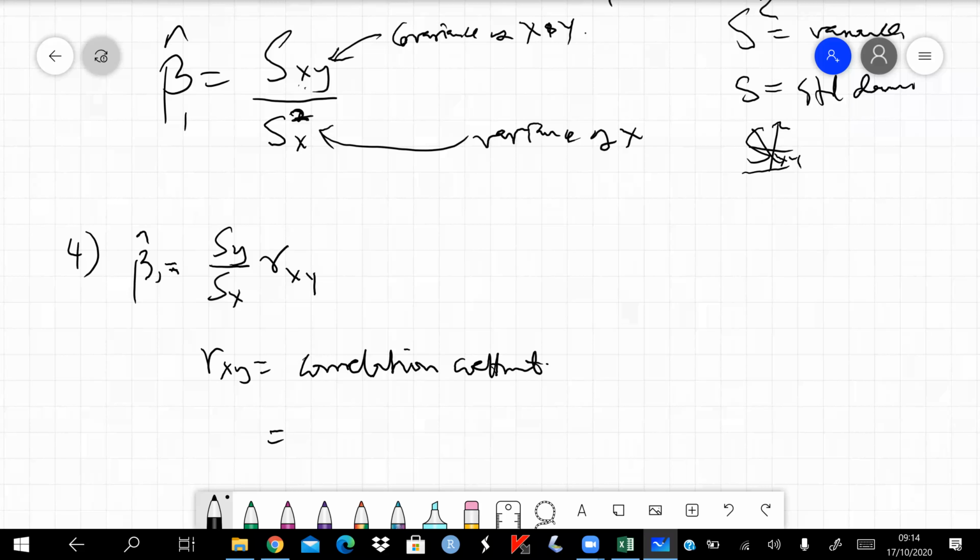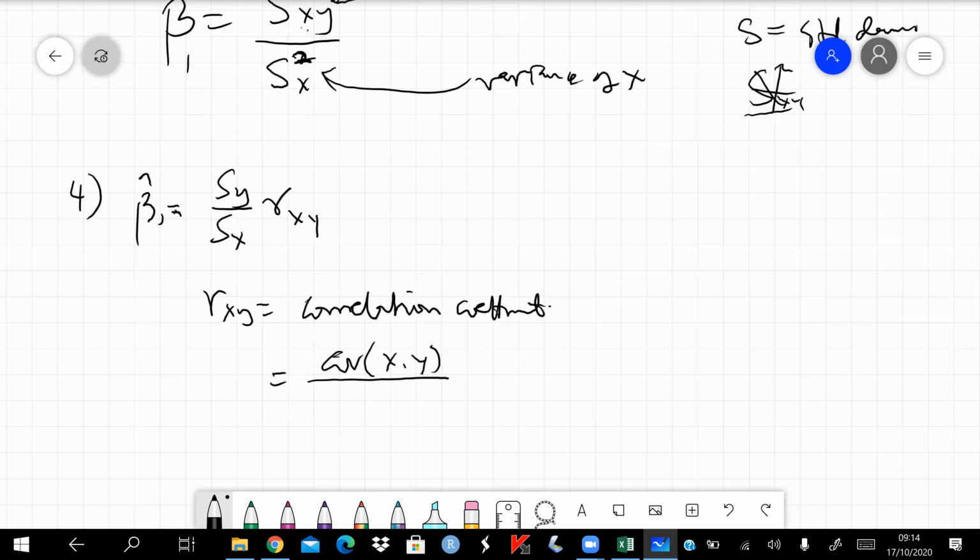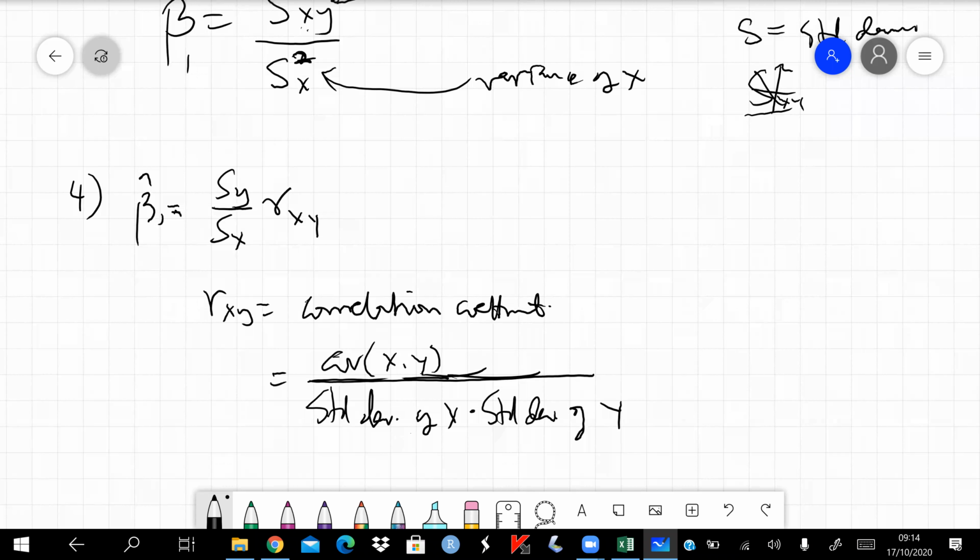It is the covariance of x and y divided by the standard deviation of x multiplied by the standard deviation of y. Sometimes you write this as s xy divided by s of x times s of y.